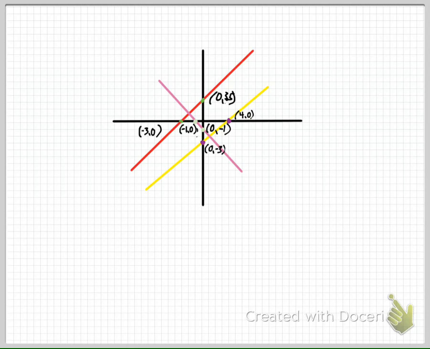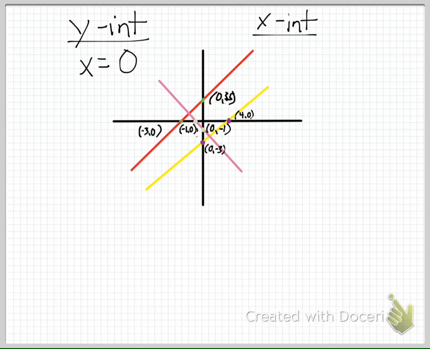So, important thing to know here is that our y-intercept is where x is 0. Our x-intercept is where y is 0. So it's kind of backwards, okay? We're going to be crossing the x-axis if y is 0. We're going to be crossing the y-axis if x is 0.